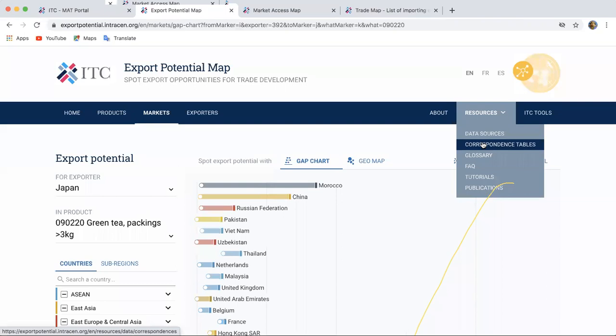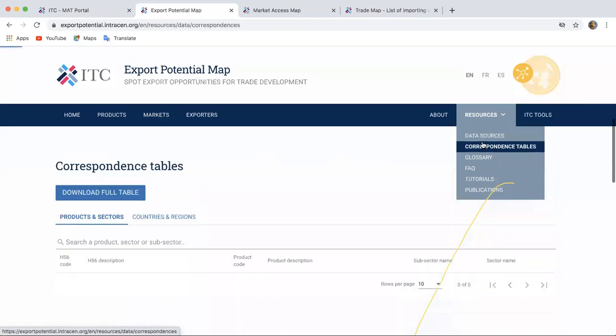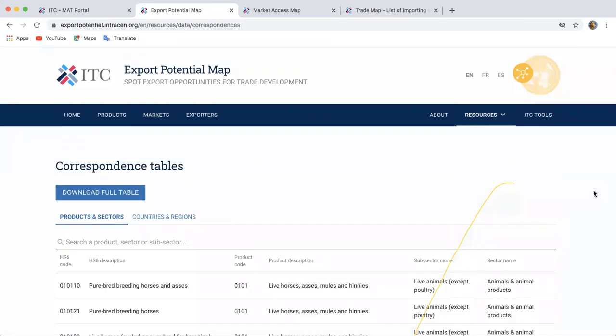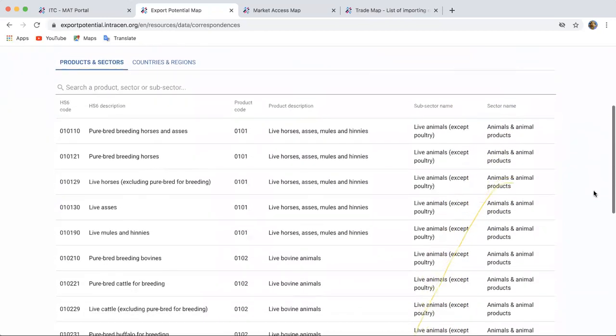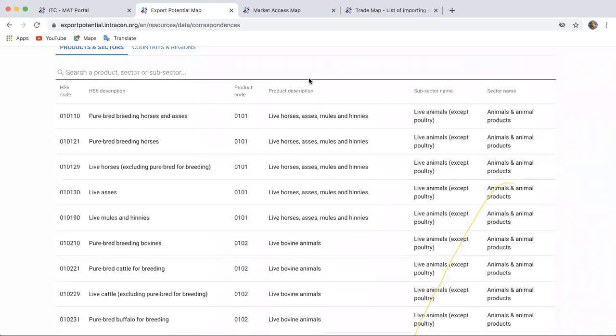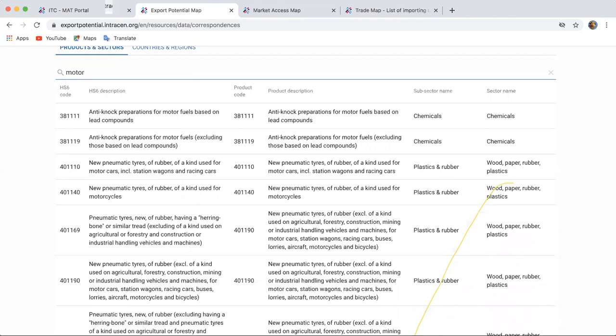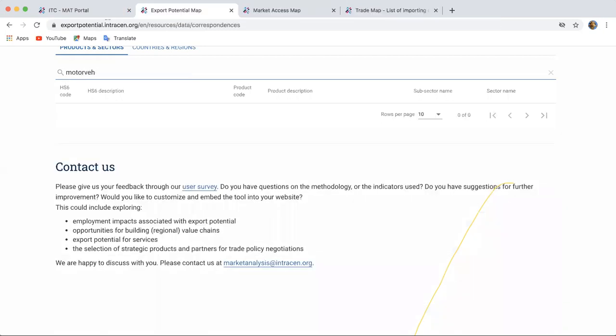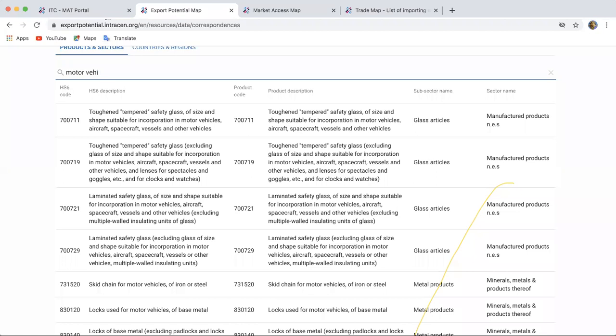So if we go to the correspondence tables, we see a list of all the HS6 codes and the subsector names and sector names. So let me type motor vehicles.